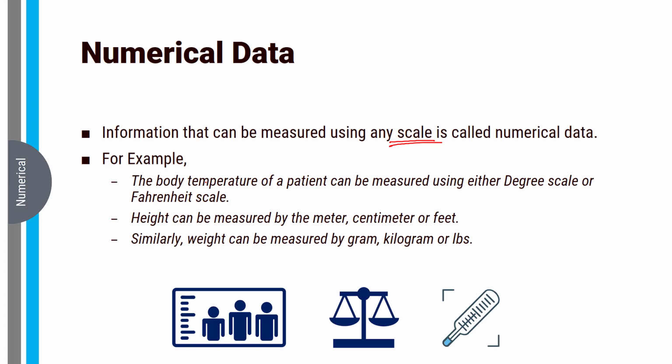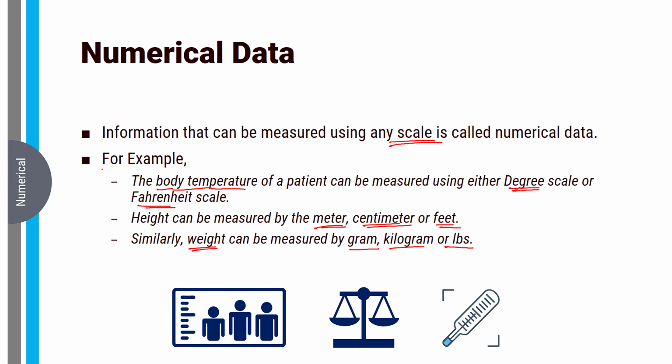For example, body temperature can be measured in terms of degree or Fahrenheit, right? So there is a scale. Degree is a scale, Fahrenheit is a scale based on which we can measure the body temperature of a person, right? Height can be measured in terms of meters, centimeters, or feet, right? We can measure the height of any object or human being. Similarly, we can measure weight also, and in case of weight we have certain scales: one is gram, one is kilogram, or one is pound, right?